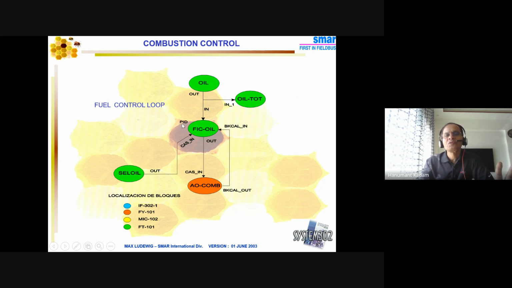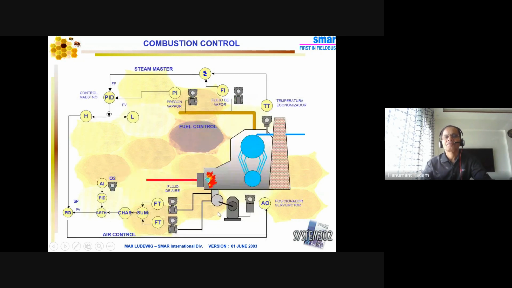Fuel control loop: oil or gas, whatever you are using, comes in through an FIC, a flow indicating controller. Nowadays we use gas for combustion. So oil in, oil out, and this oil goes to the combustion from here.